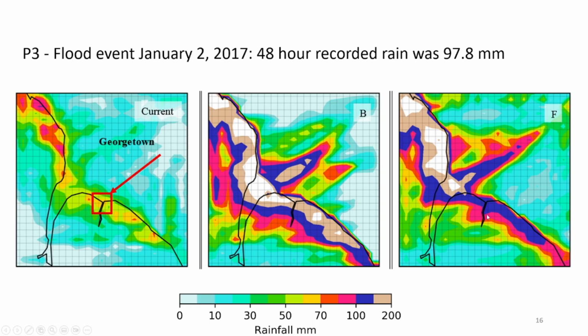F is quite fine in the pink or blue region, but B has a lot more brown around region 4, which tells us that the brown is closer to maybe about 150 to 200. And so B, sorry, is kind of over forecasting. So we can argue that according to this research, F is probably the best scheme to use for Guyana, particularly during these high rainfall or rainy season events.